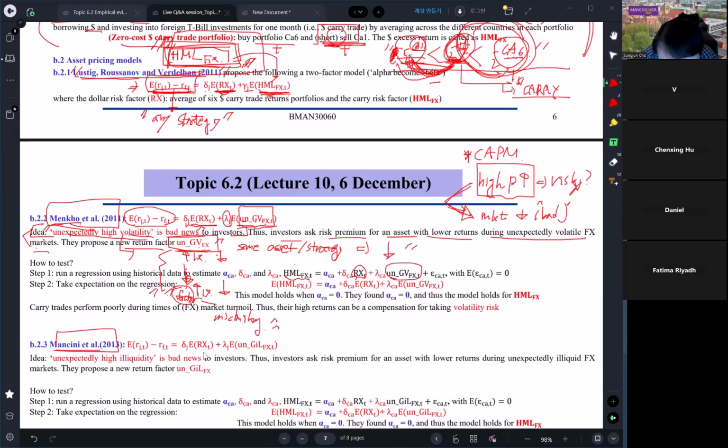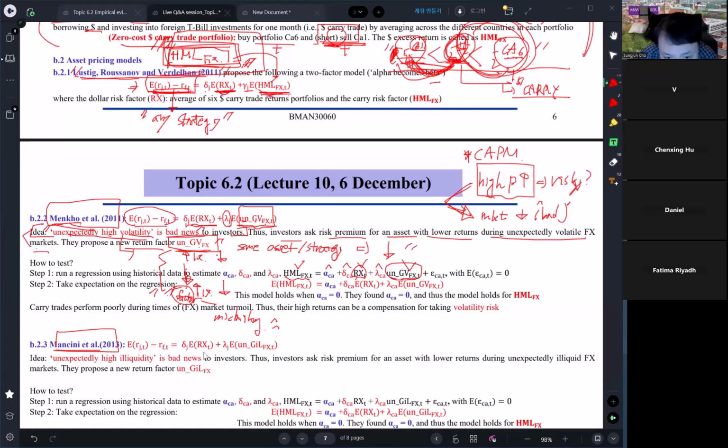So we put the historical value of the carry trade return in the left-hand side. We put the average FX movement, and we put this so-called return factor for mimicking the movement of FX volatility. Then we're going to run these regressions and estimate the intercept, the slope for RXT, and the slope for the global volatility factor.